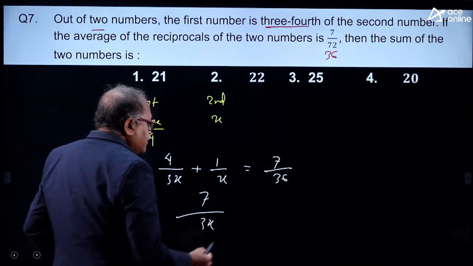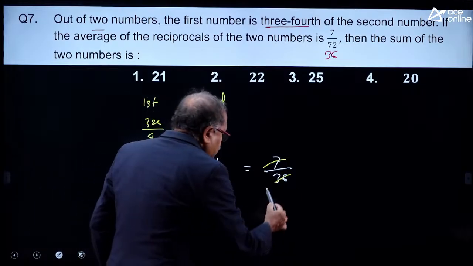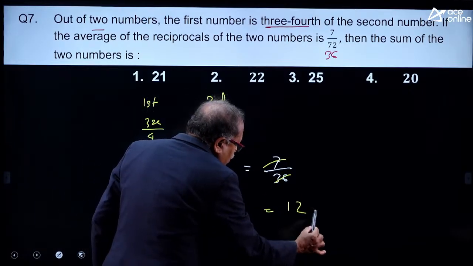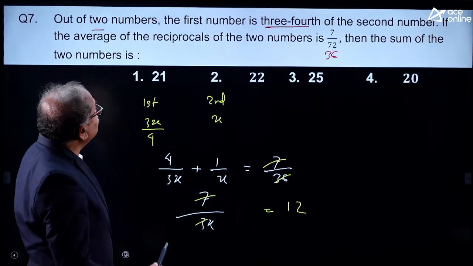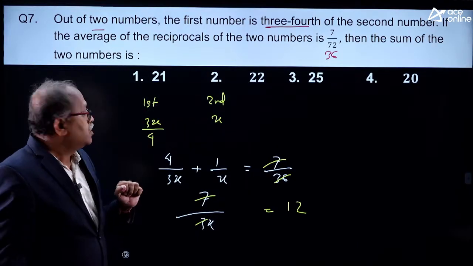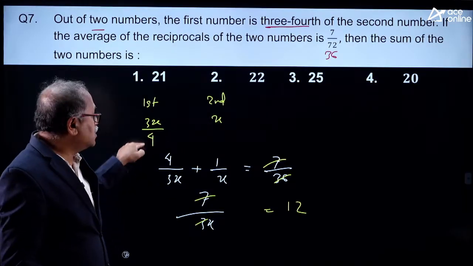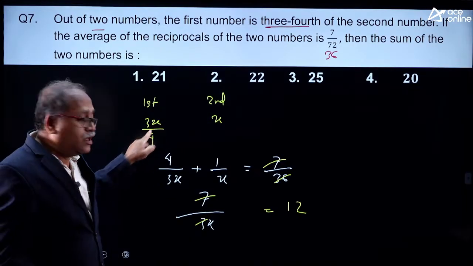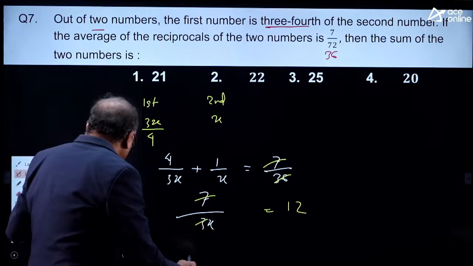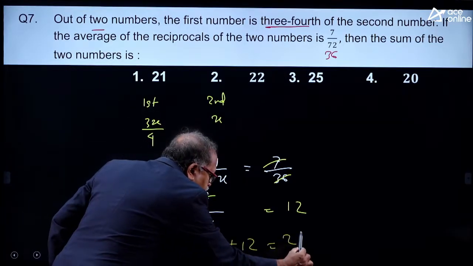Why not cancel from here itself: the 7 gets cancelled and 36 gets cancelled. So, x is equal to 12. Once x is equal to 12, you are asked to find the sum of the two numbers. The first number is 12 and 3/4 of 12 is nothing but 9. So, 9 plus 12, that is 21.